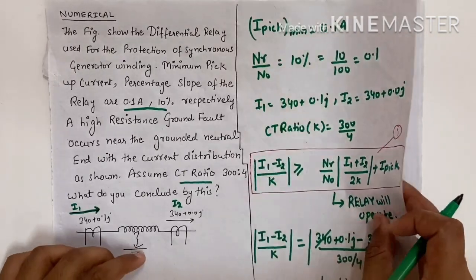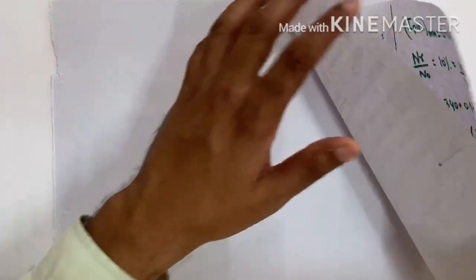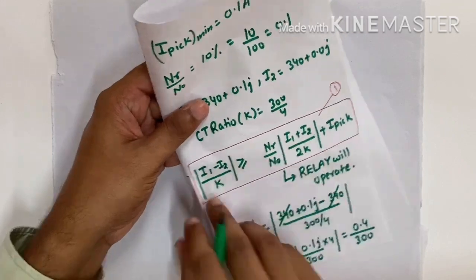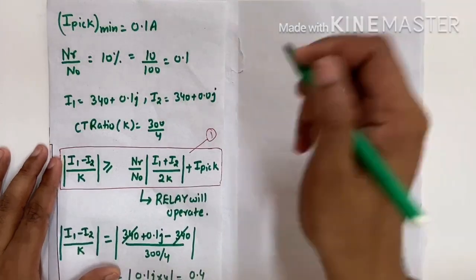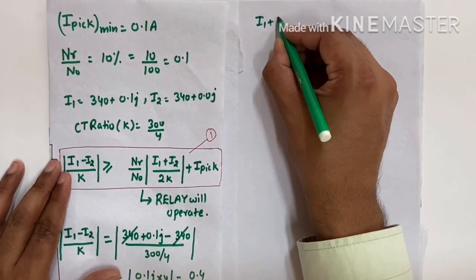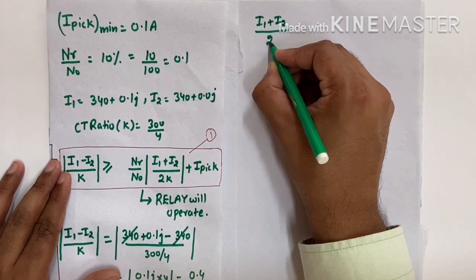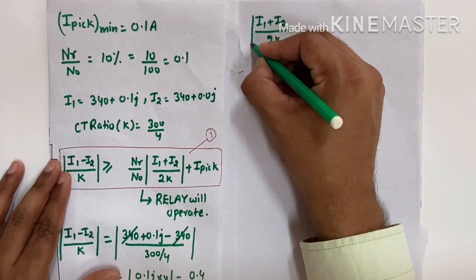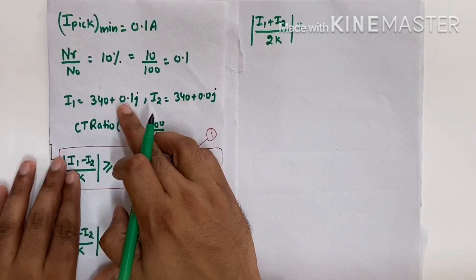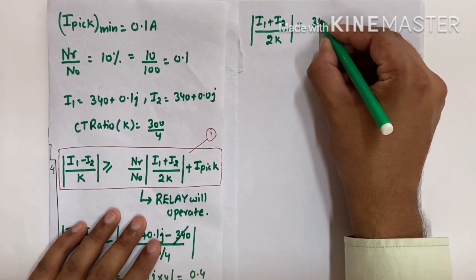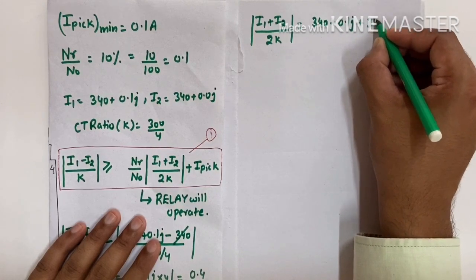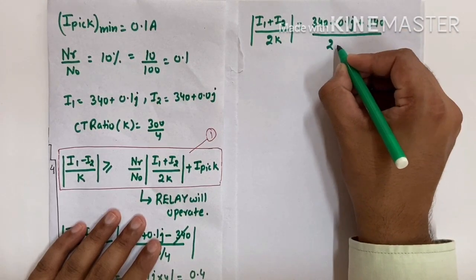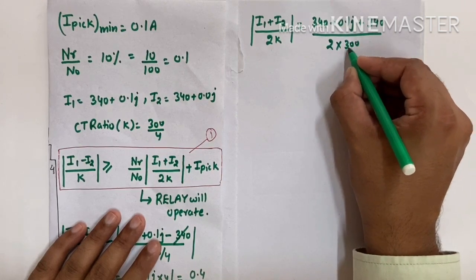Similarly, we will calculate I1 plus I2 upon 2K. I1 value is 340 plus 0.1j, plus 340, upon 2K, where K is the CT ratio, 300 by 4.